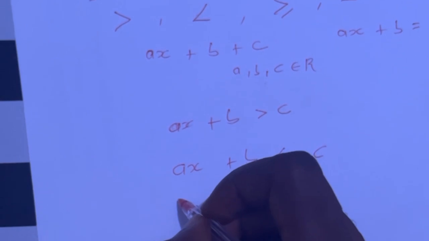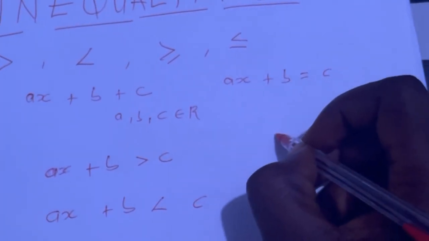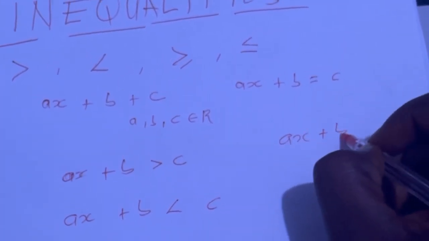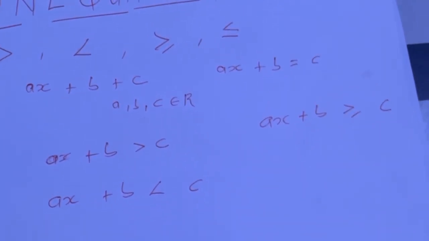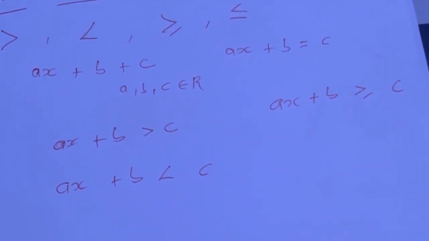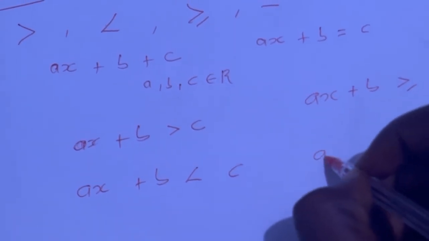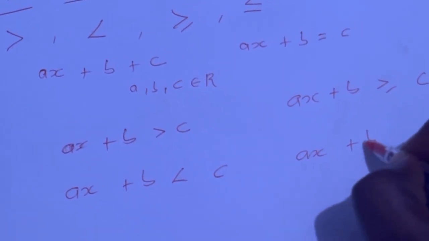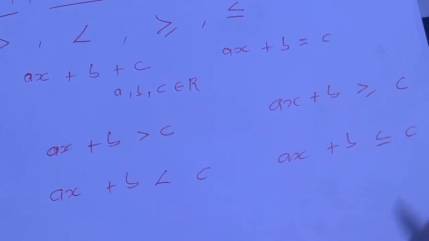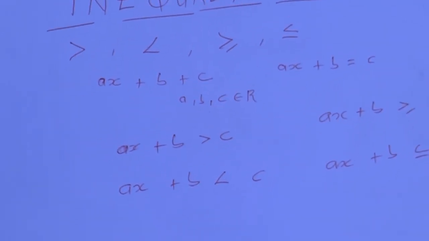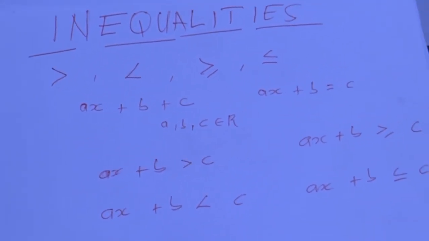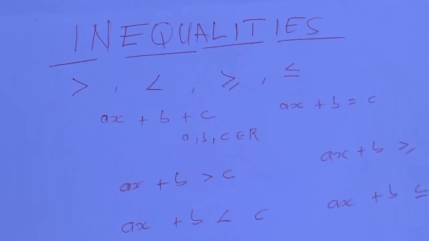Also, ax plus b greater than or equal to c is an inequality, and ax plus b less than or equal to c is also an inequality. Actually, today we want to look at how to solve simple inequalities.